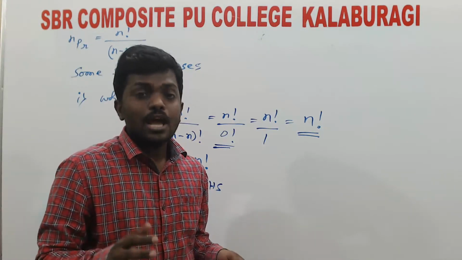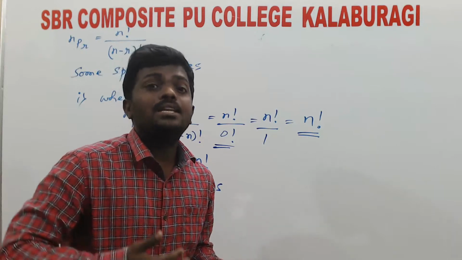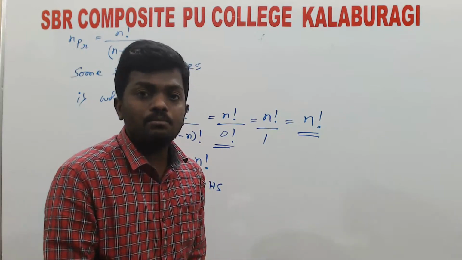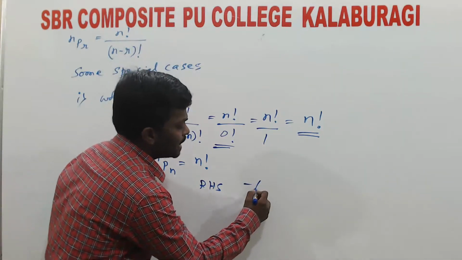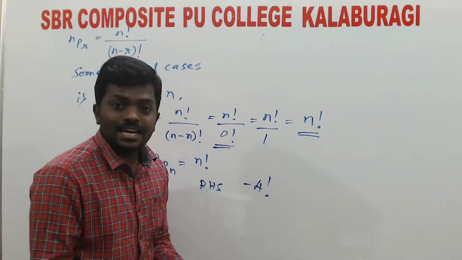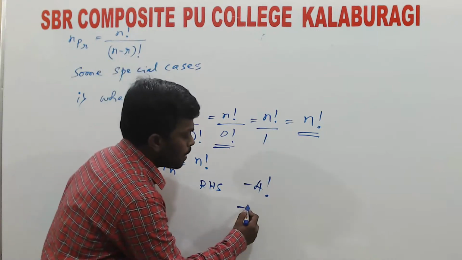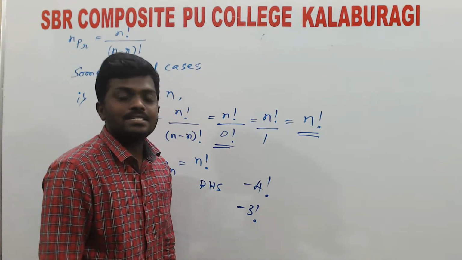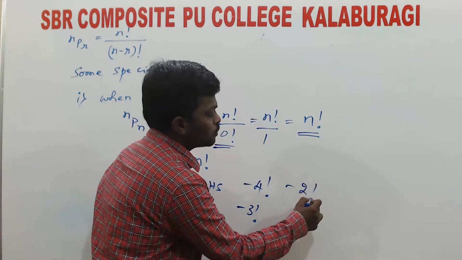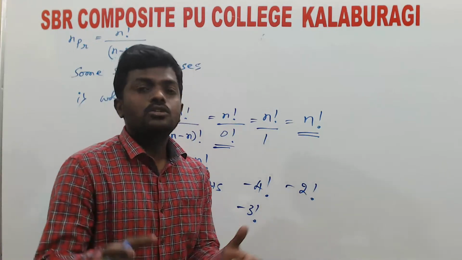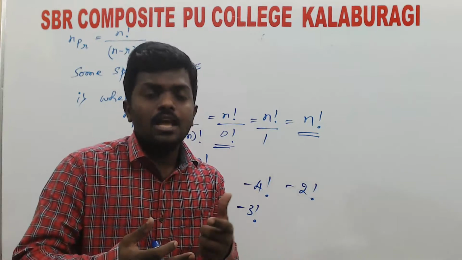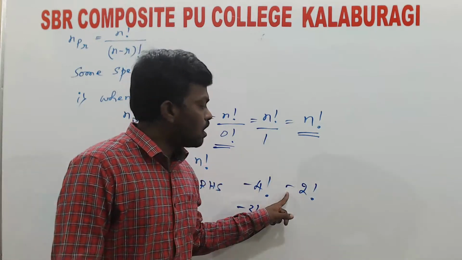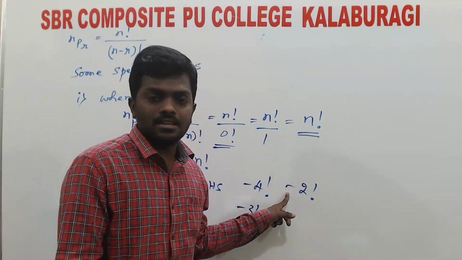But you cannot arrange -2 books, -3 books, -4 books. So that's why -4 factorial doesn't make sense, -3 factorial doesn't make sense, -2 factorial doesn't make sense. So the number of possibilities is not defined for negative things.